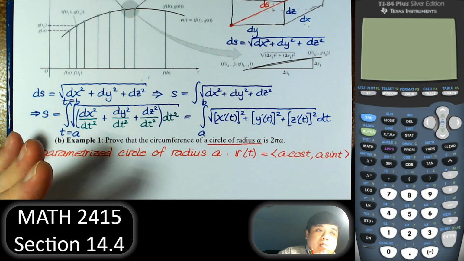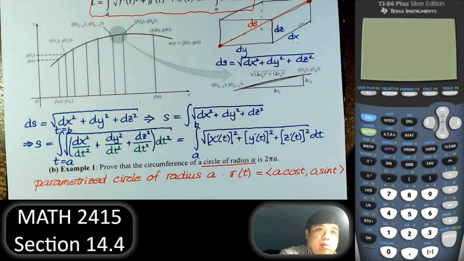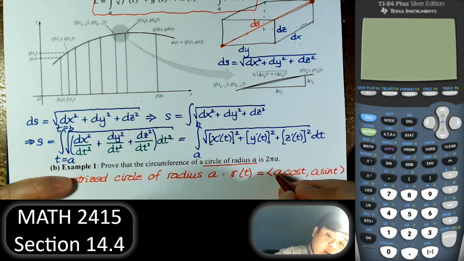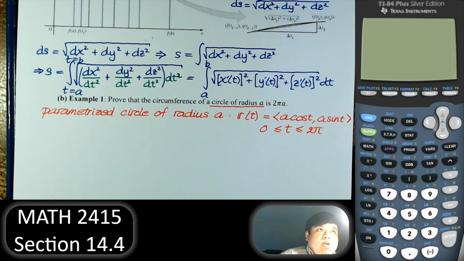And most importantly, the circle is traced only one time. If we go more than one time, it will be more than the length of the arc. So t from 0 to 2 pi. Right. So that is the parameterized circle of radius a. Assume we go one revolution only.